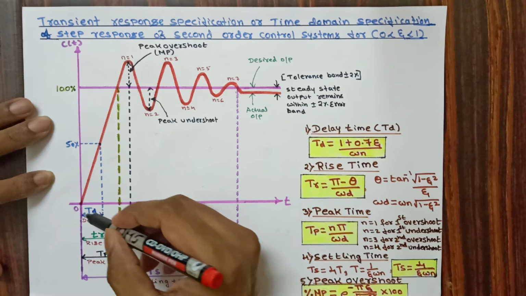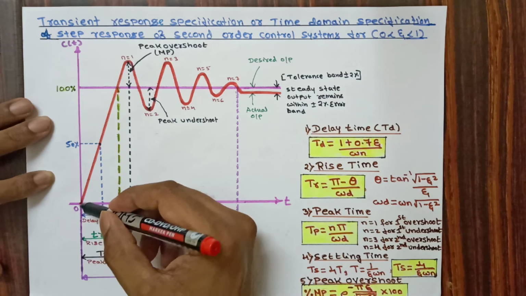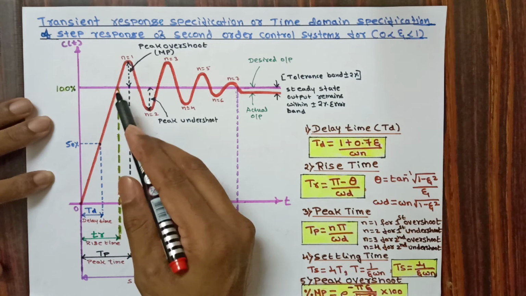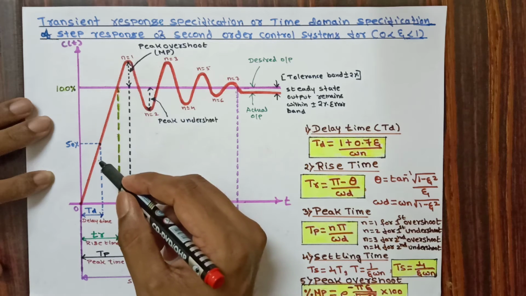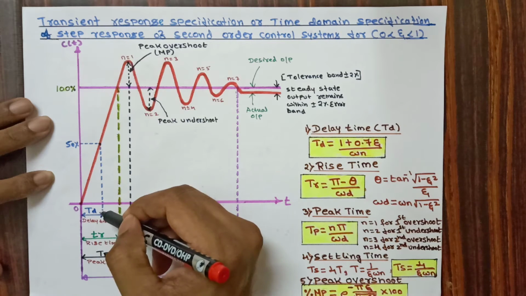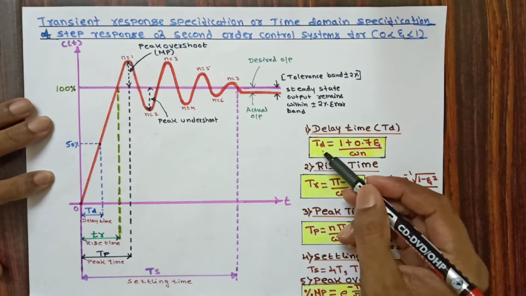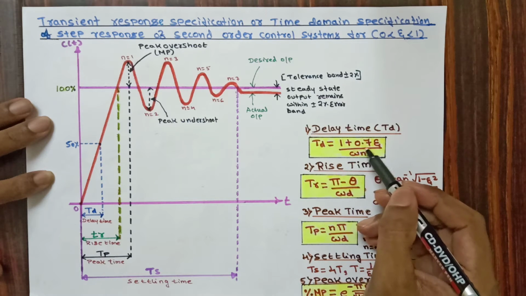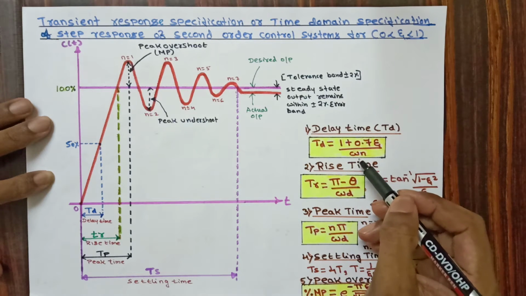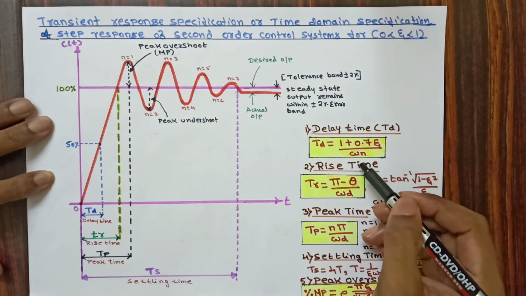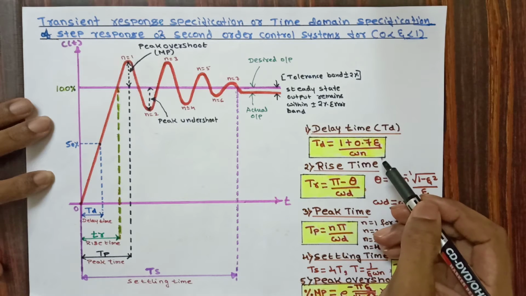Delay time. It is the time required for the response to reach 50% of the final value, and is called delay time. You can see here, it is represented by TD, and it is given by the formula TD is equal to 1 plus 0.7 zeta divided by omega n, where zeta is the damping ratio and omega n is the natural frequency of the oscillations.